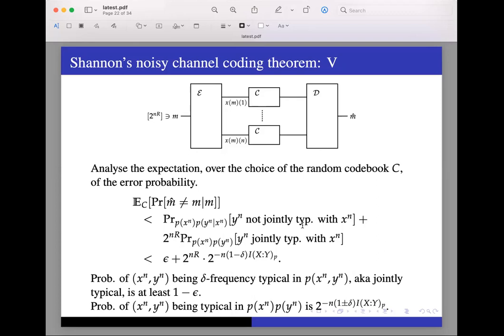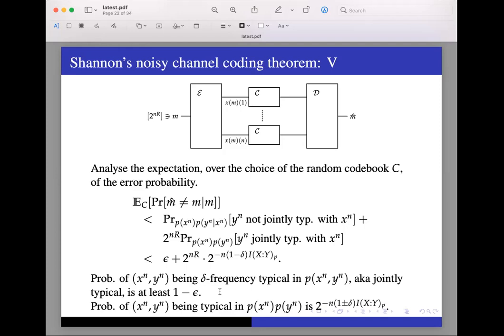And the claim is this is upper bounded further by something which looks like epsilon plus 2 to the nR times a certain entropy quantity. Why is that? Recall in the last lecture, the probability of xn and yn being delta-frequency typical under the joint distribution, which is what I meant by jointly typical, is at least 1 minus epsilon.